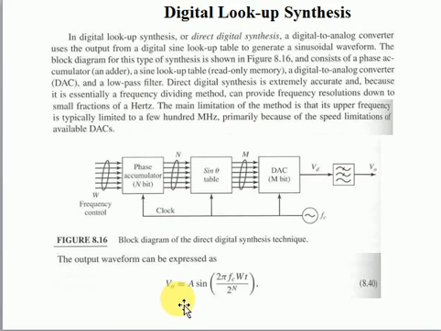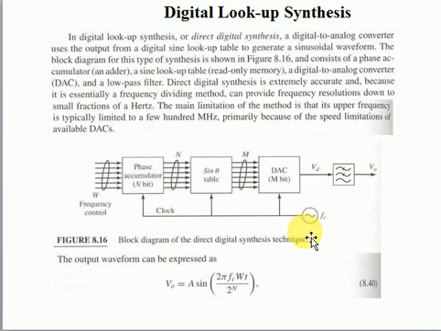At the lowest frequency of operation, the frequency control word W at the input to the phase accumulator is set to unity, so that the phase accumulator increments by 1 at each clock cycle.